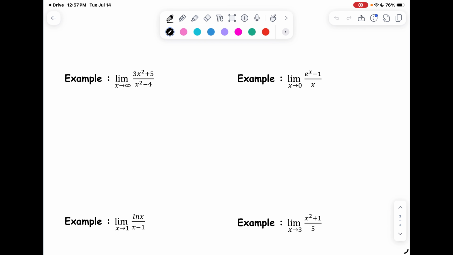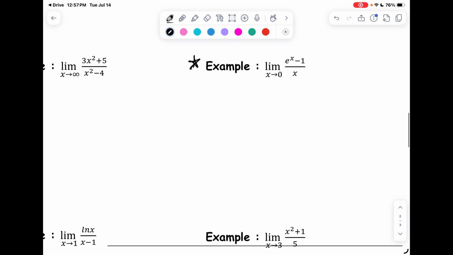If we are doing the problem right here, where we are evaluating the limit as x approaches 0 of e to the power of x minus 1 over x, the very first thing we want to do is directly substitute in our value of 0 for x to see if we can even use L'Hopital's rule. So if we plug in 0, we get e to the power of 0 minus 1 over 0.